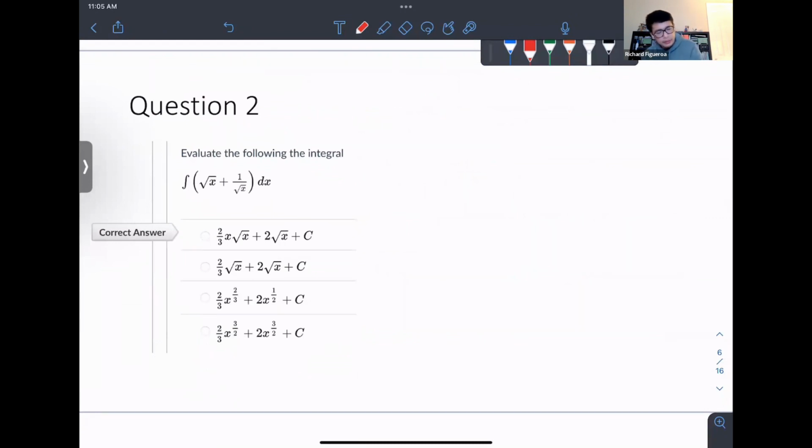So for question number 2, there's no need for substitution here. This is a direct use of the power rule. And as I mentioned before, when we integrate radicals, we transform them into rational exponents.